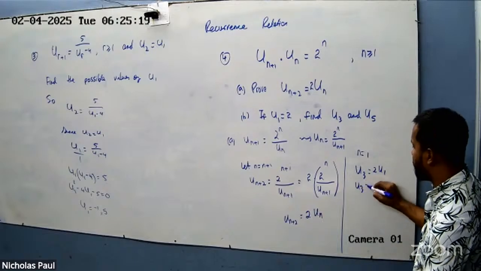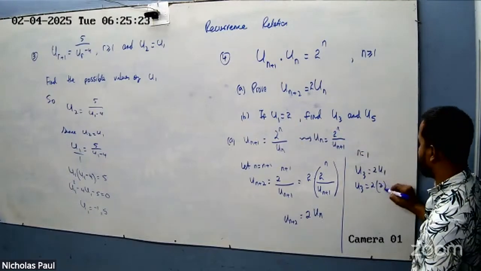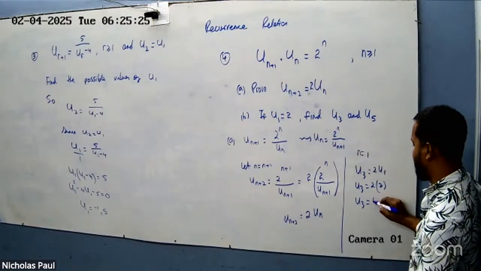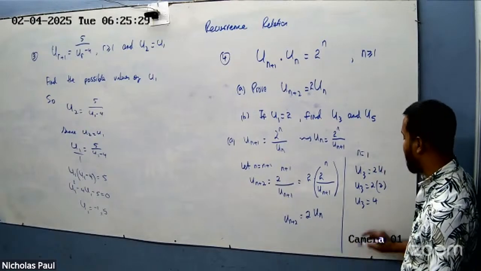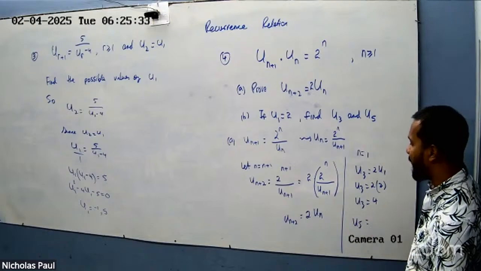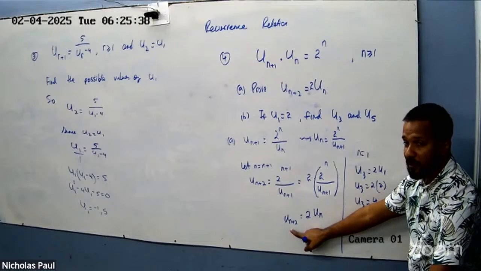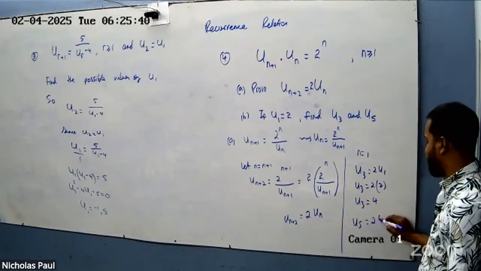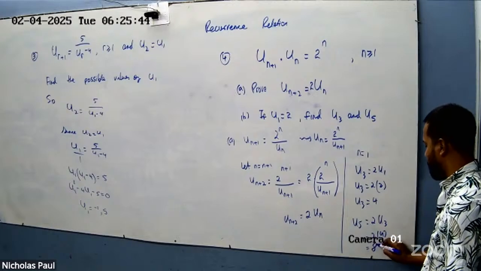So u3 is equal to 2 times u1, they gave us u1 somewhere, is 2. So u3 is equal to 4. Right? Last one. How again u5? How do I get u5? Let n equal to what? N equal to 3. So I'll get 2 u3. So that's 2 times 4, which is 8.